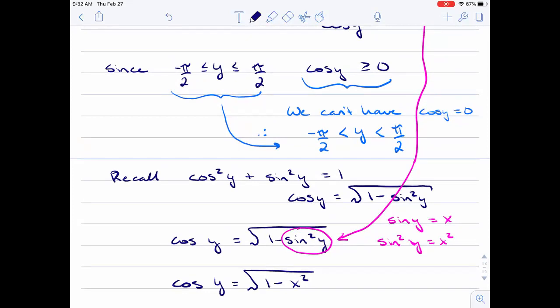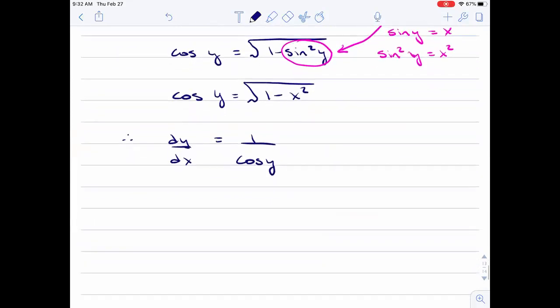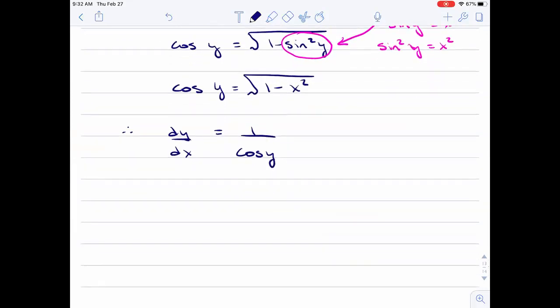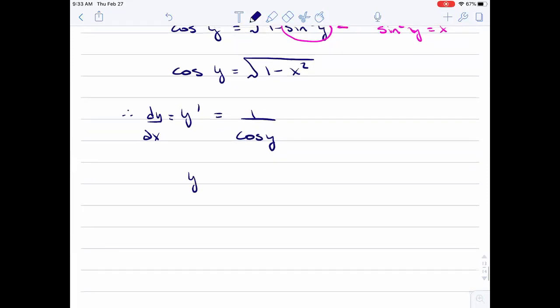Anyways, I'll look into it. So the derivative of y, oh, we were using y prime, weren't we? We like that better. I'll even say dy dx, which equals y prime, is 1 over cos y, which we can write as y prime must be 1 over the root of 1 minus x squared.